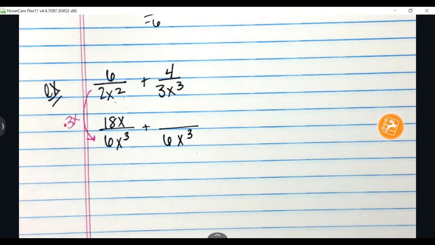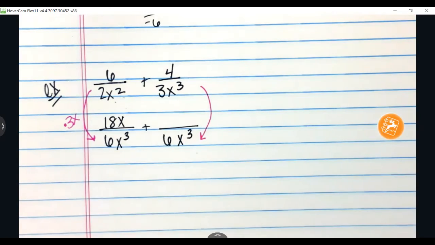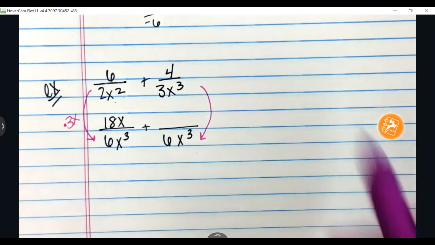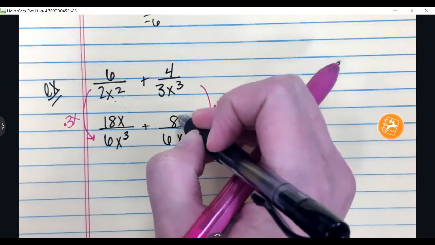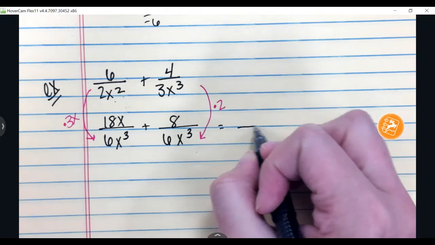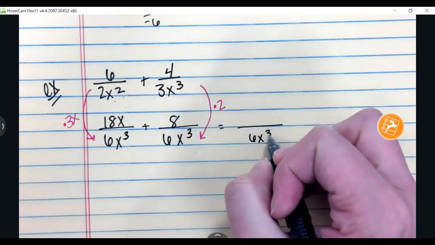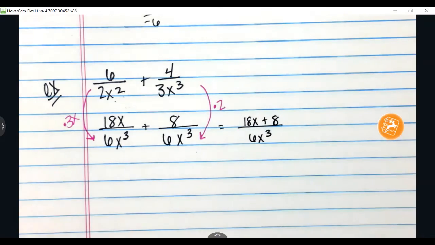18x. How do I get from 3x cubed to 6x cubed? Times 2. So I do that on the top. So now that I have common denominators, I can write it as one big fraction. 18x plus 8.